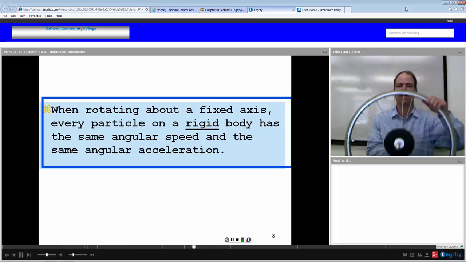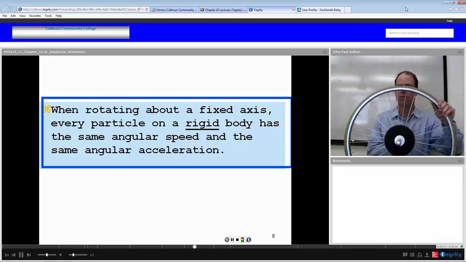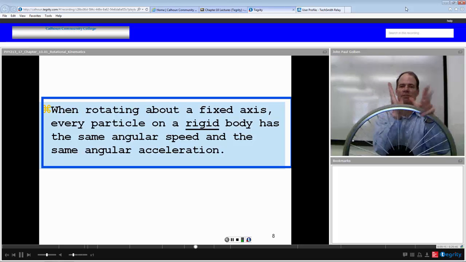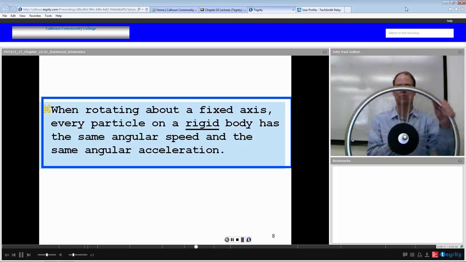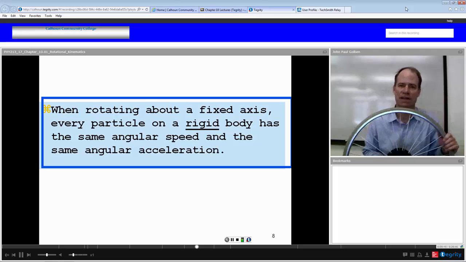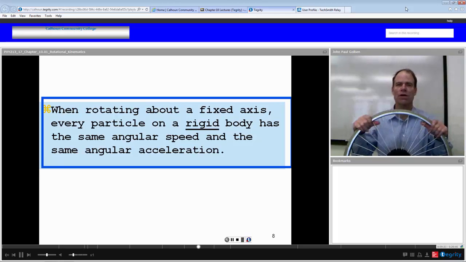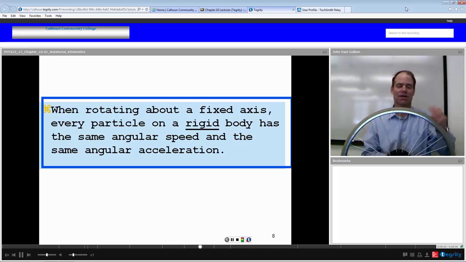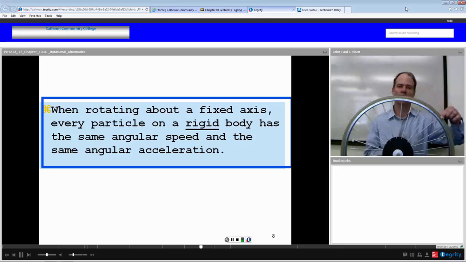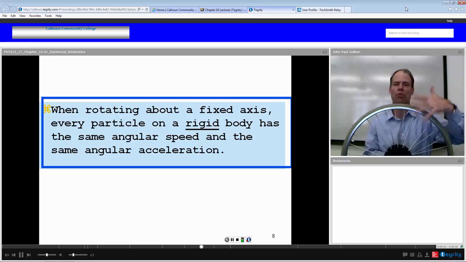In other words, every point on this wheel, no matter what, will go through the same change in angle as this wheel is rotating. Hence, we finally have a variable, an angular displacement, that describes the whole wheel at one time. Great. Also, the same angular displacement per time will occur as well for every point on this wheel.